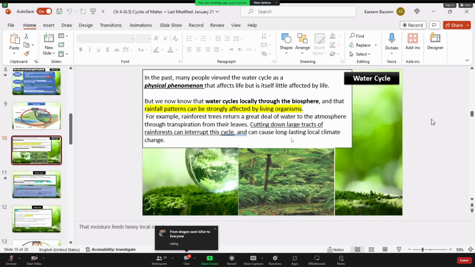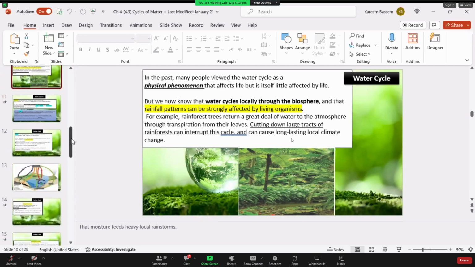Both of them contribute to a great extent to the water cycle. So here, human activities can have an effect on the water cycle. It's not only through nature and physical phenomena, but also human activity.